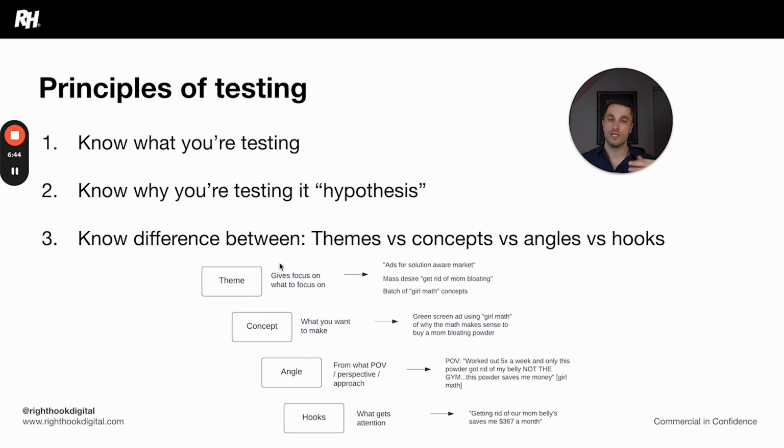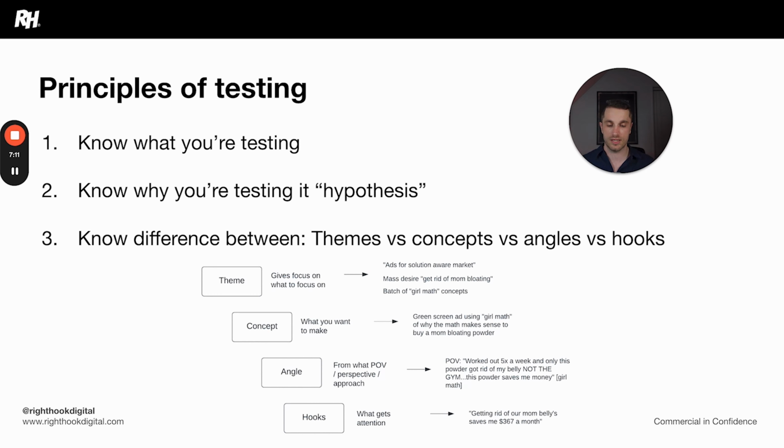Number three is know the difference between themes, concepts, angles, and hooks. So when we're creative testing, we identify what we're testing, hypothesis, but then we know the difference between a theme, a concept, an angle, and a hook, because that informs what you're gonna make. So here's an example. We run creative sprints, and those sprints are every 2 weeks. So what we do is, to help us give focus to what we're gonna test, we theme it.